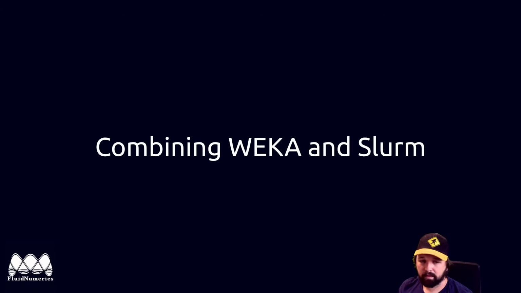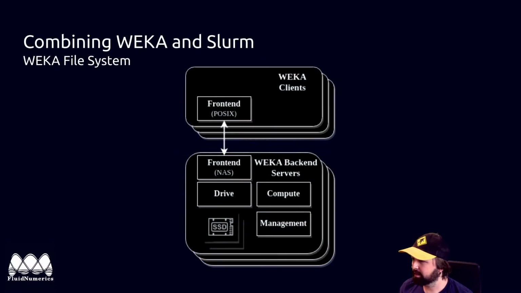Let's talk a little bit about some of the best practices. I need to introduce some concepts about WEKA and Slurm. First, this is a conceptual diagram of a WEKA file system deployed in this dedicated backend infrastructure. On the top part here, you have what WEKA will refer to as clients. These are things that are going to mount the file system from the backends.